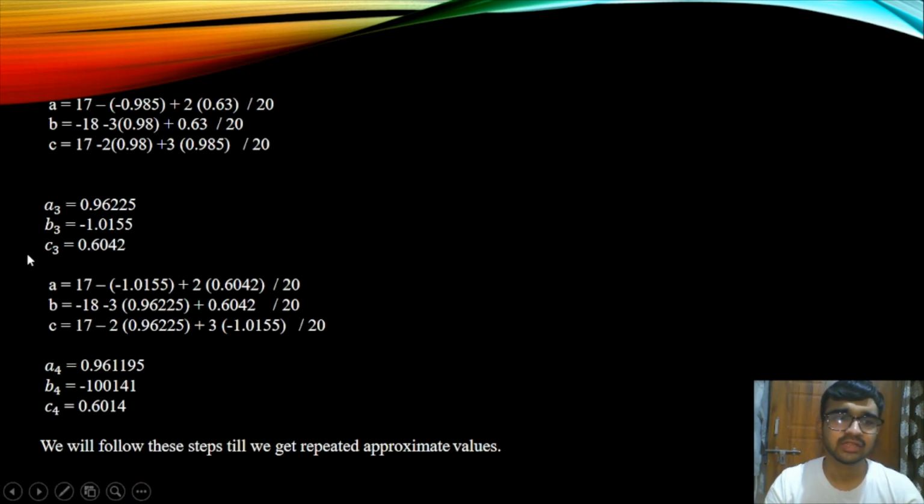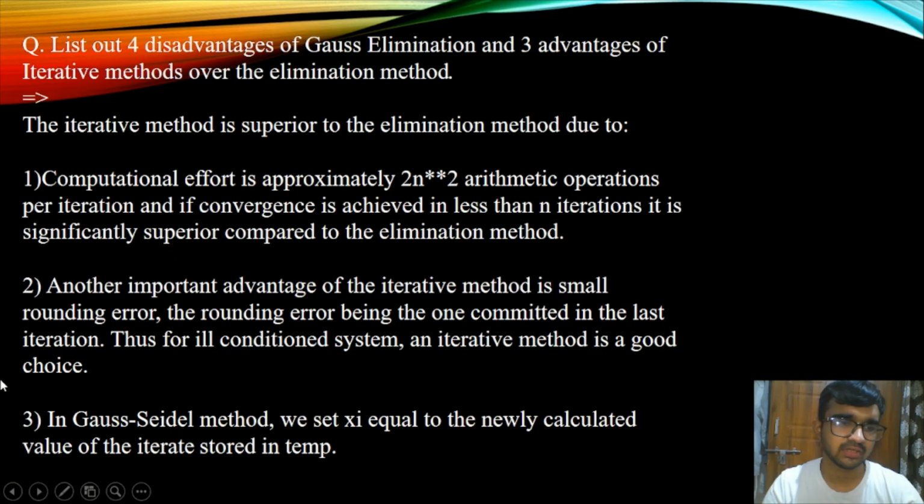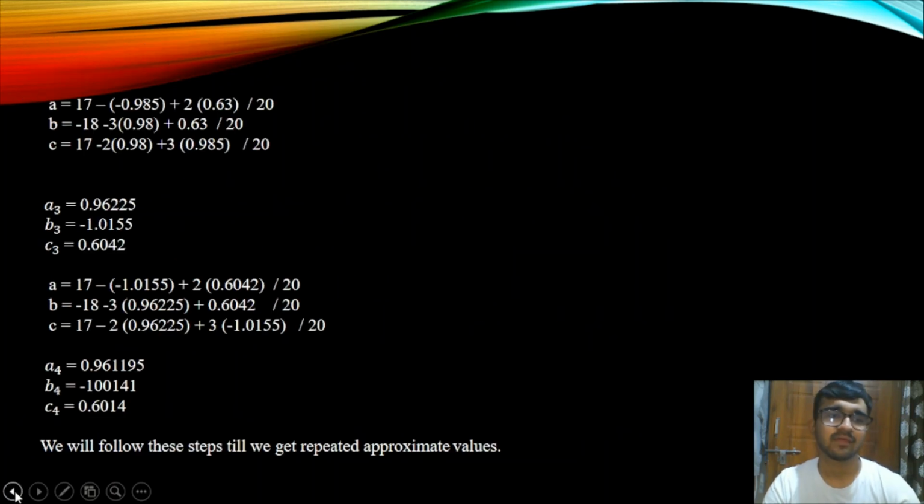We found A3, B3, C3 and put them again into our equations and found A4, B4, C4, and we will repeat these steps until we get repeated approximate values. And here, as we get repetitive approximate values, we have stopped and answered that these are our values of A, B and C. So in this way we can solve it very easily.